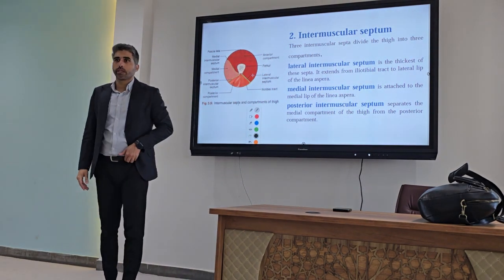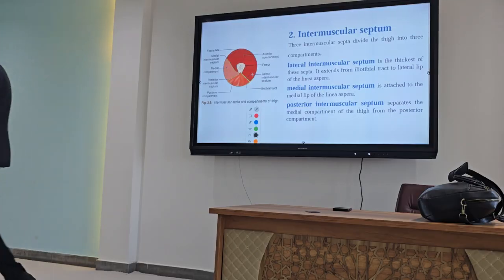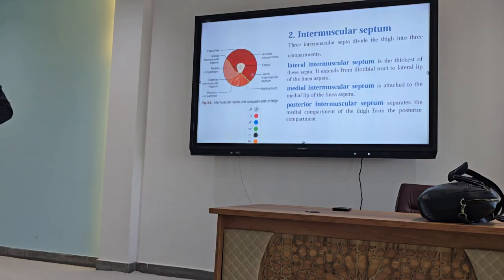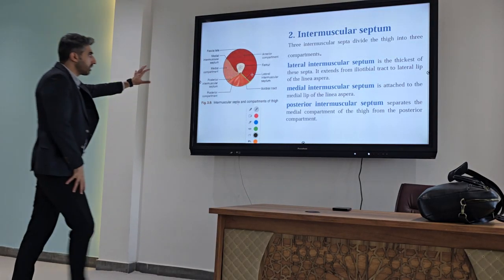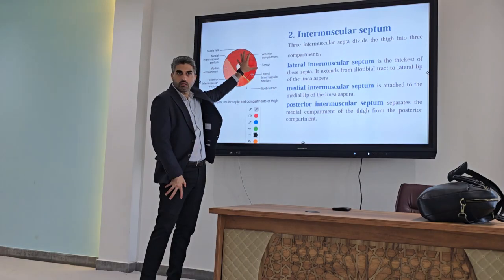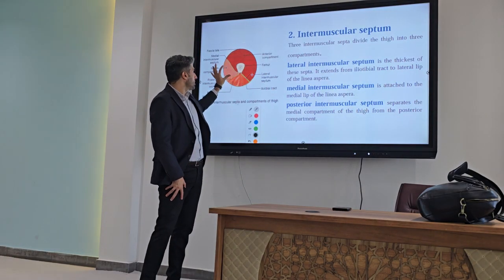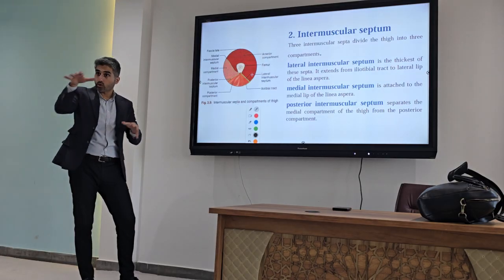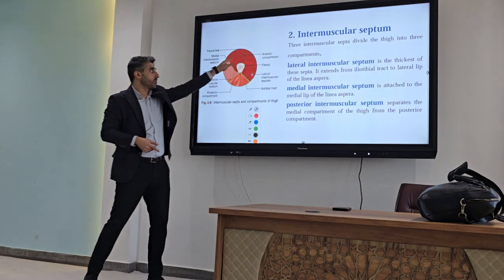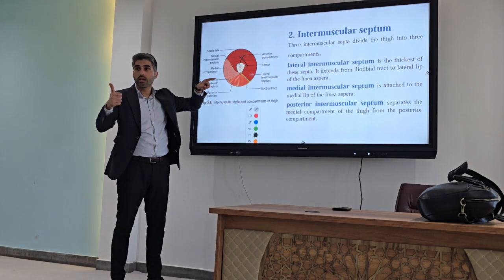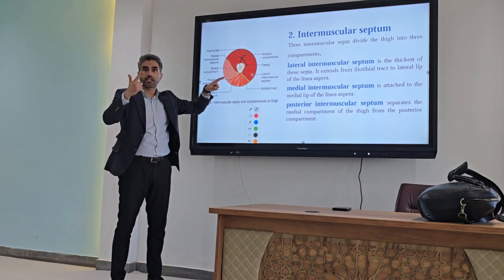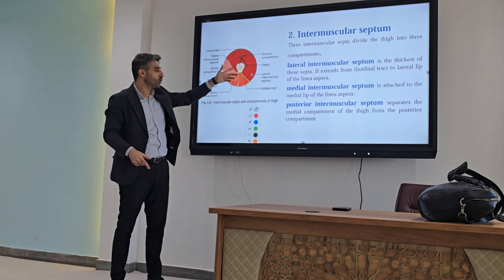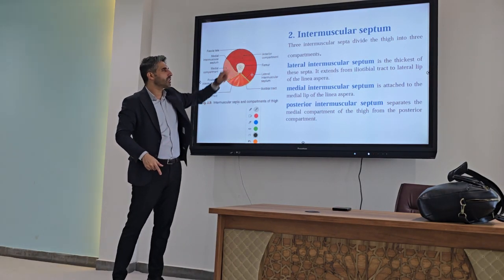Which compartment is bigger? Anterior, yes, because the muscle here is very big. Posterior and medial are smaller than the anterior compartment. Each compartment has a specific function, a specific artery, and a specific nerve. What is the nerve for the anterior compartment?